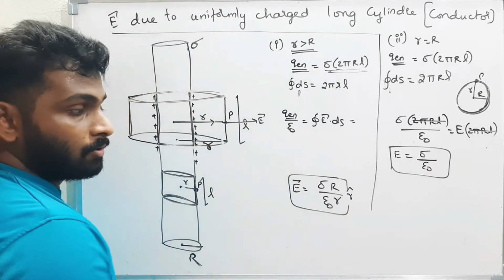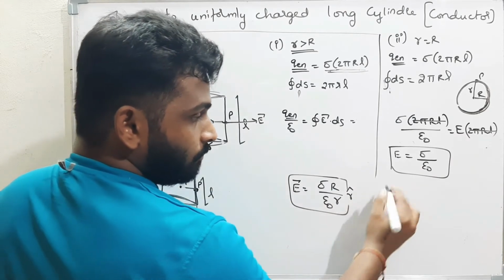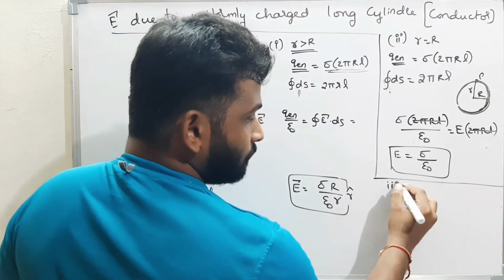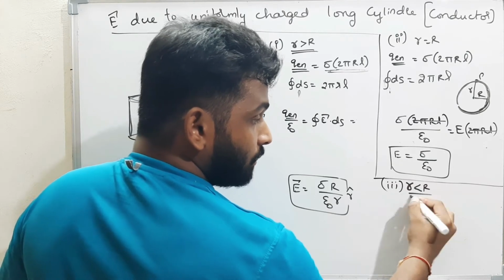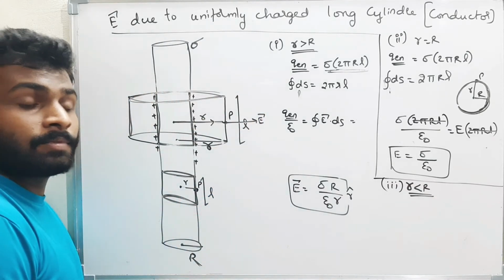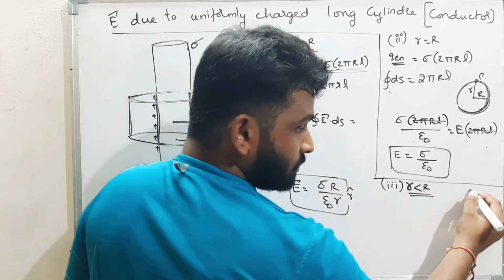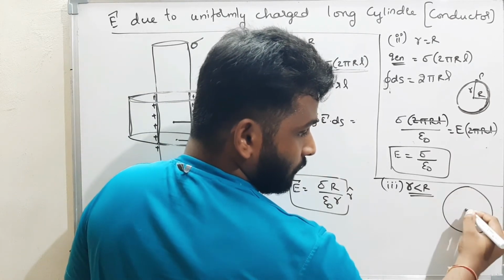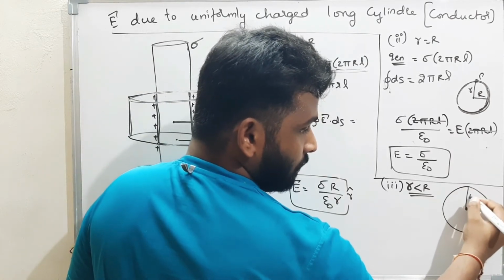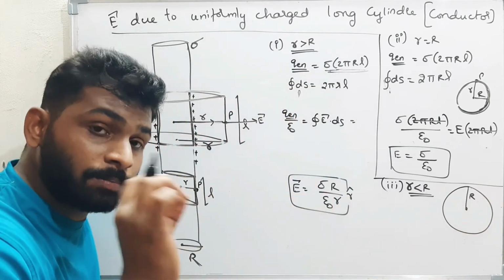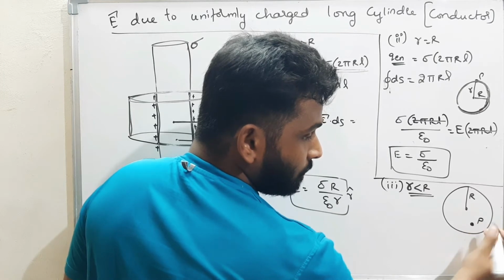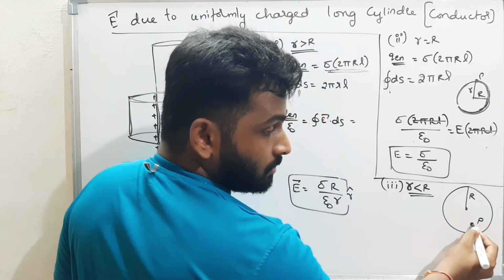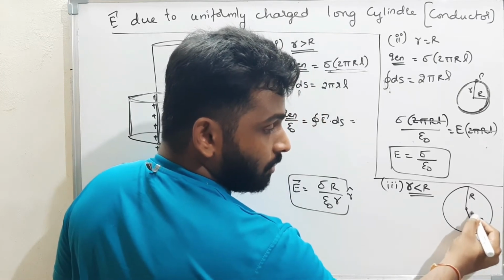Well and good. Now by chance, if the point is such that small r is less than capital R, what is the meaning of that? Now see, this is a cylinder of radius R. Now I am assuming a point P such that the point is inside the cylinder, and the distance of this point P from the center is smaller.